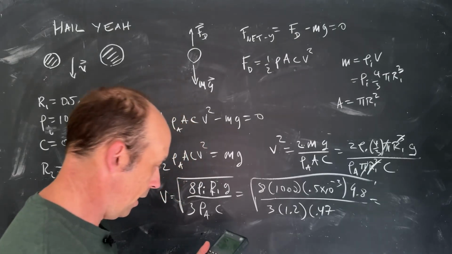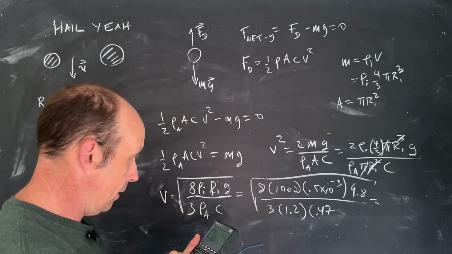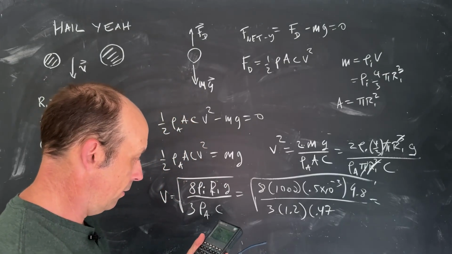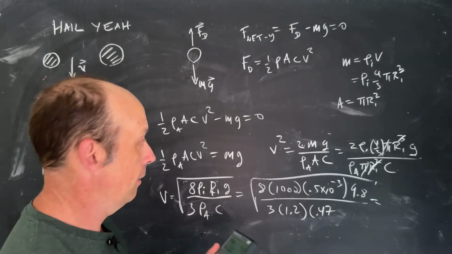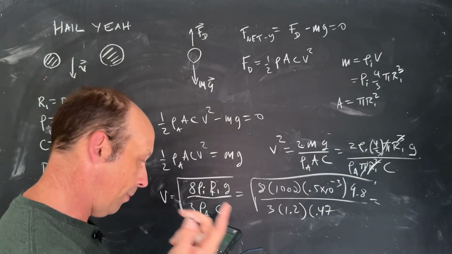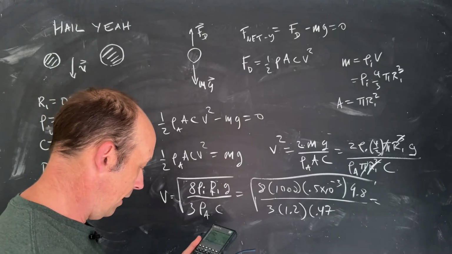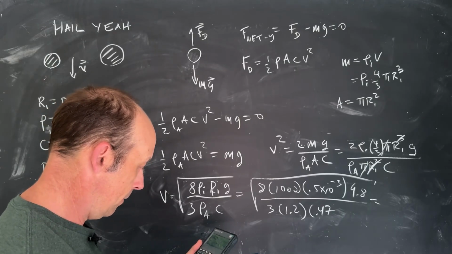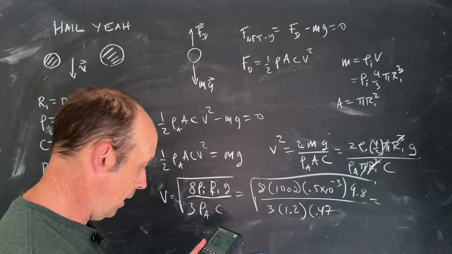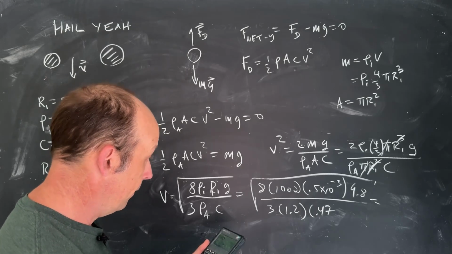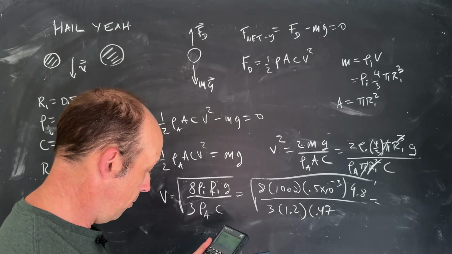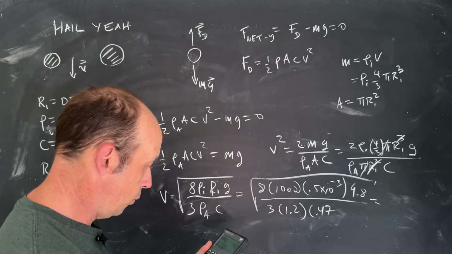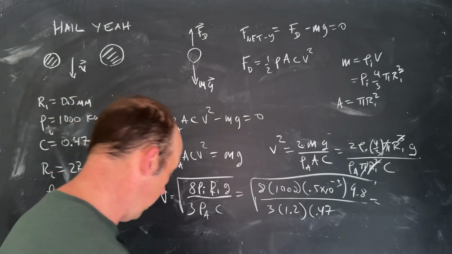Okay, 8 times 0.5 times 10 to the negative 3 times 9.8 times 3 divided by 1.2 divided by 0.47, square root. And I get 4.8.